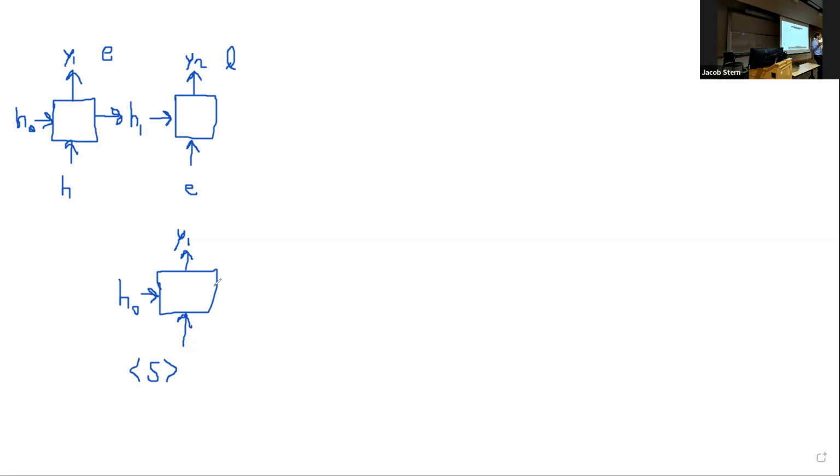So for now, we've been dealing with these RNNs as kind of black boxes, right? Where we don't really know what's going on inside. We just know it's some parameterized model that's making a prediction for each of these things. I promise that there are weights inside there, and today we're going to talk about some of the particulars of how you can hook up the wires. Yeah, good question.